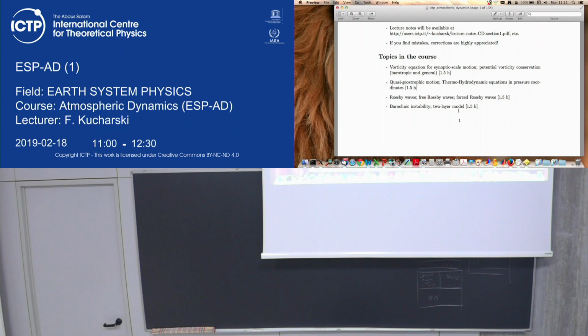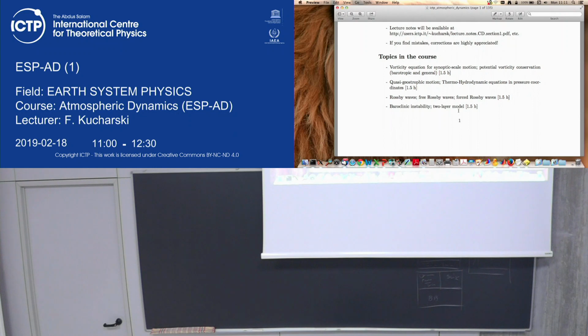But we want to understand the flow on scales that are minimum hundreds or thousands of kilometers large. And on those scales, we know that the hydrostatic equation is valid to a very good approximation. And that enables us to make a coordinate transformation from the vertical coordinate z to the pressure coordinate p.